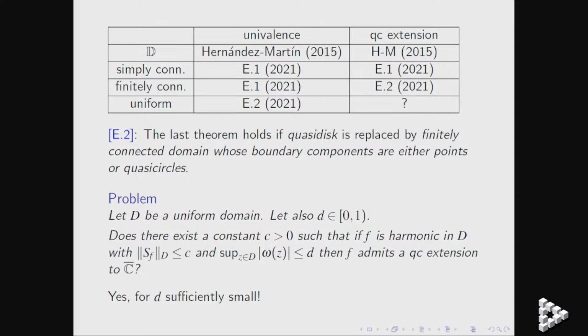And do you have an estimate for this d? No, I don't. It depends on the domain and the geometry of the domain. There are ways to quantify things of the domain, but I haven't made the connection yet. So it's just existence. I don't know anything. You don't have a bound. No.